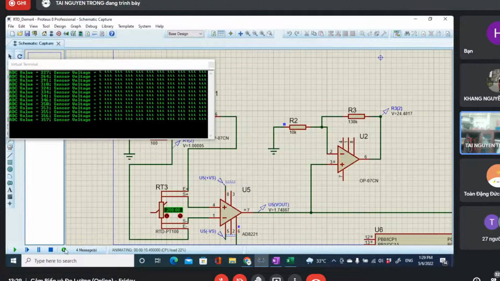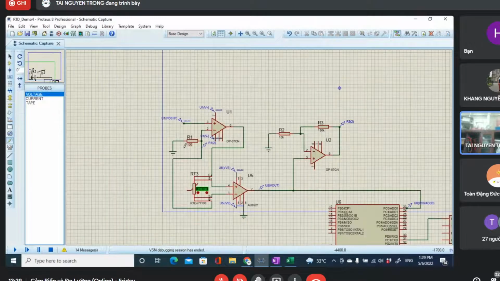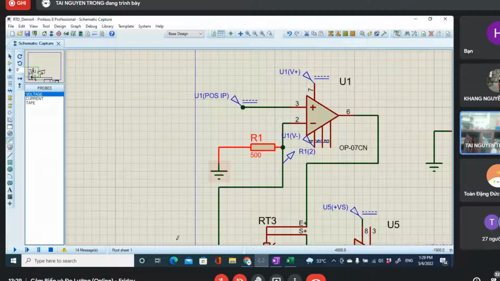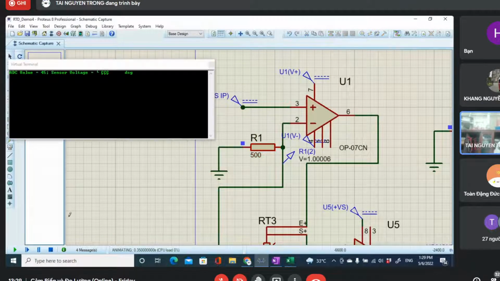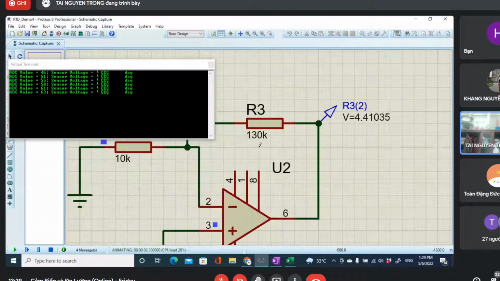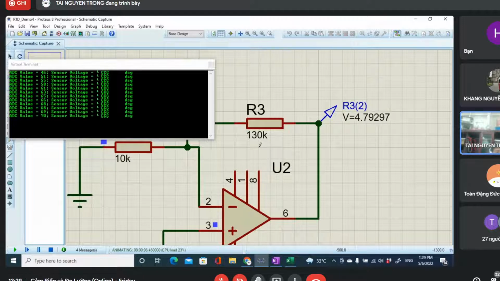Okay, in this case, sorry, we take a current for 500, 1 milliampere, 2 milliampere. Okay, and here is the result of voltage.